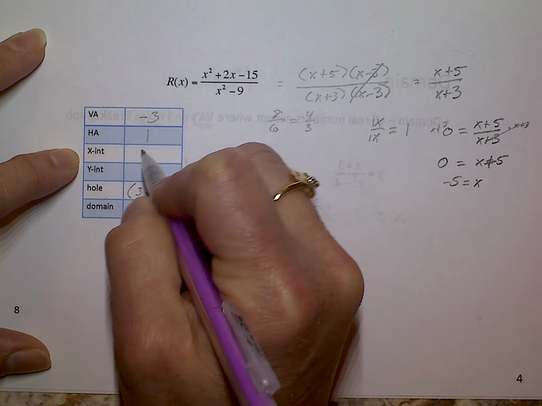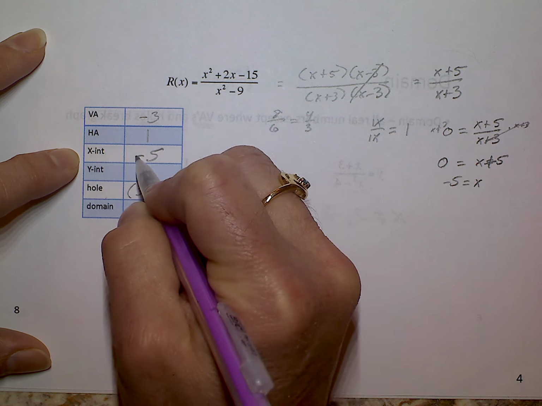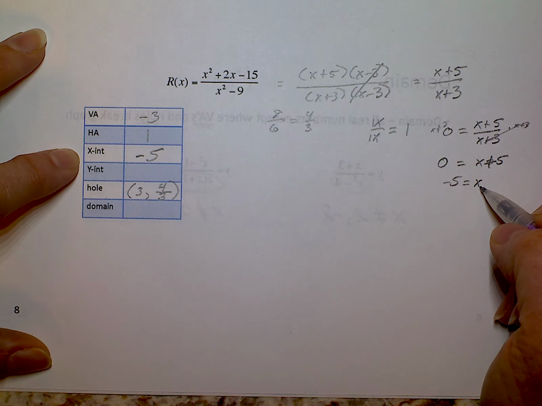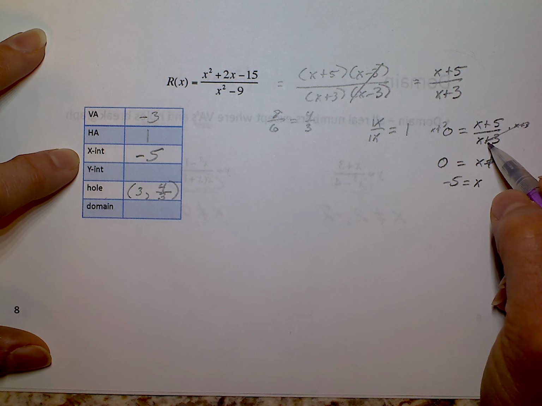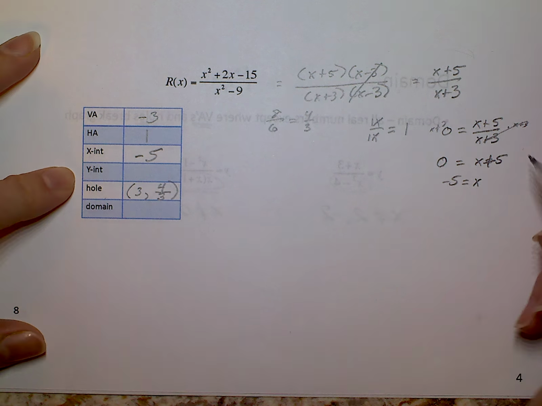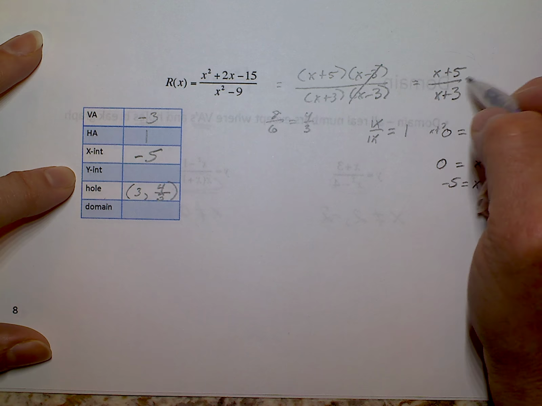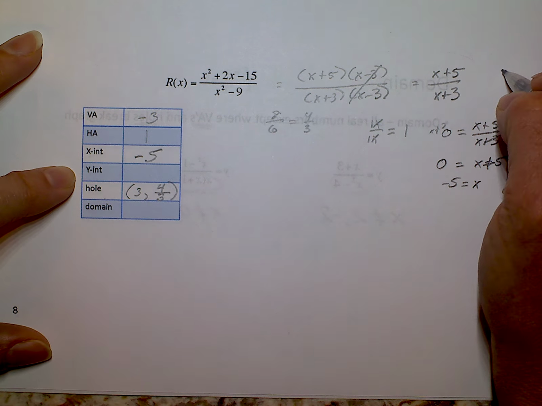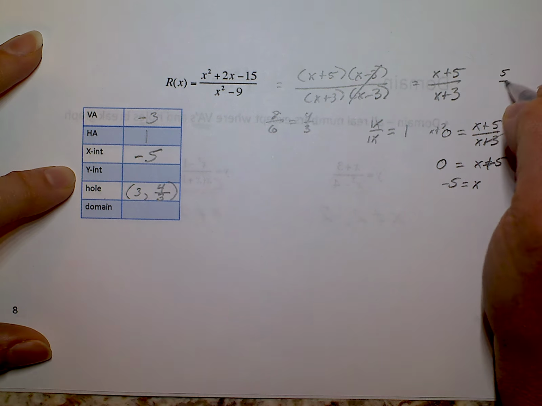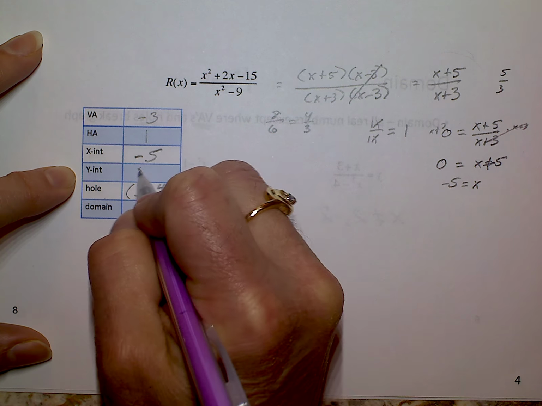Nice. X-intercept is really just where the numerator equals 0, but that's why, because the denominator always cancels out, goes away. Okay. The y-intercept is where x equals 0. So I put 0 in here and I get 5. I put 0 in here, I get 3. So it's at 5/3.